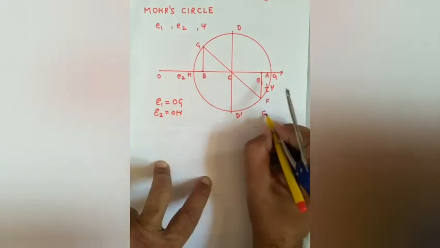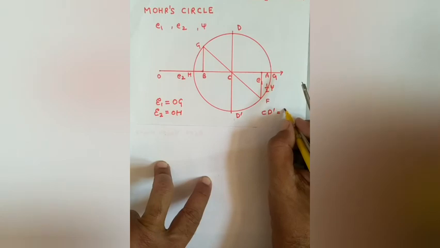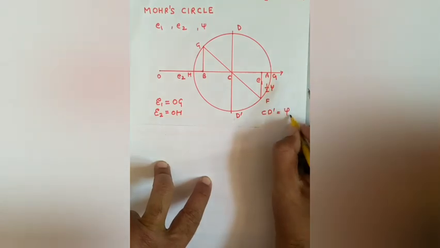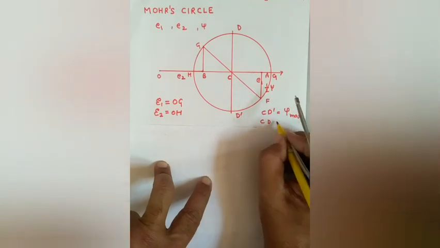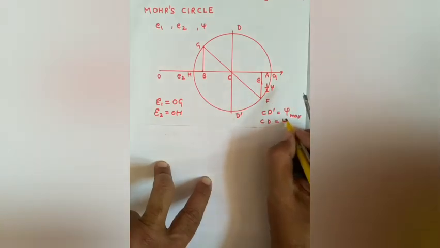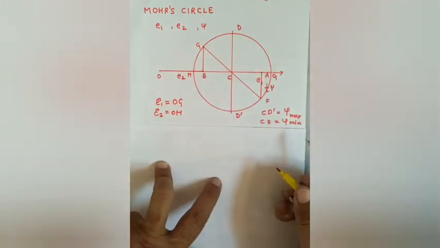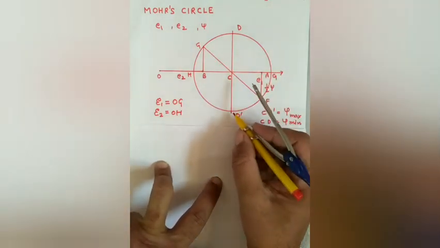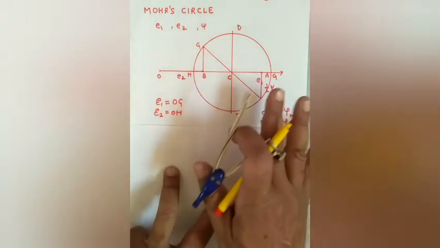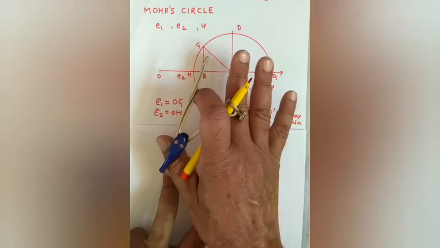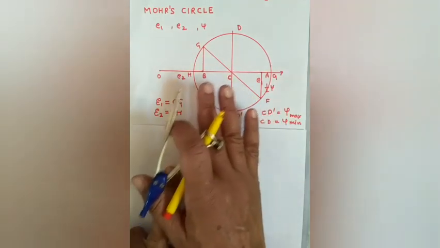CD dash will be the maximum shear strain and CD will be the minimum shear strain, which is of equal magnitude but in the negative direction. So this completes the brief of the theory of plane strain, and we will go to problems after this video.